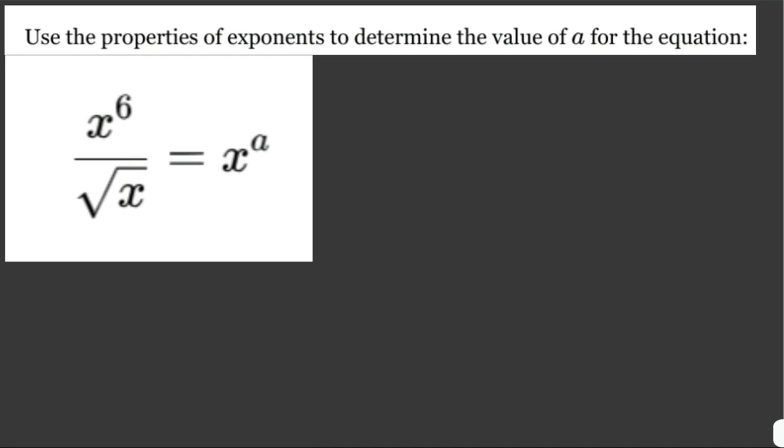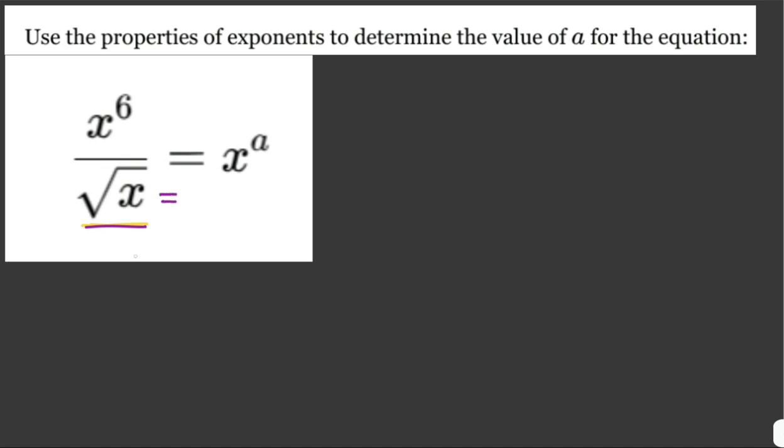Since we are to use the properties of exponents, we need to convert everything to exponential form. We only have the square root of x here in its radical form, so we convert this to exponential form.